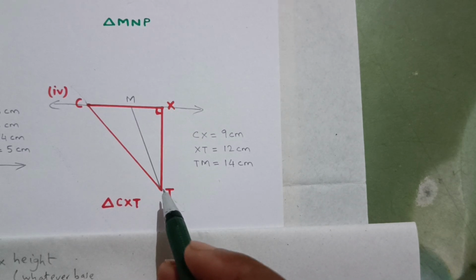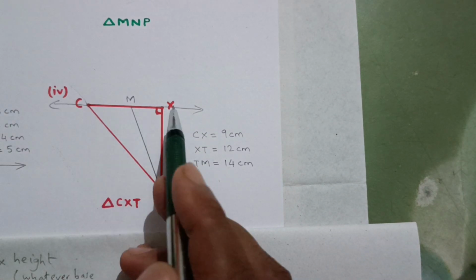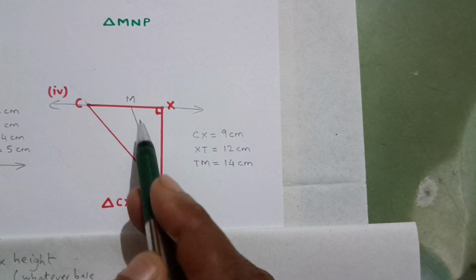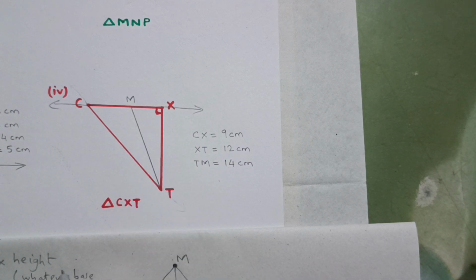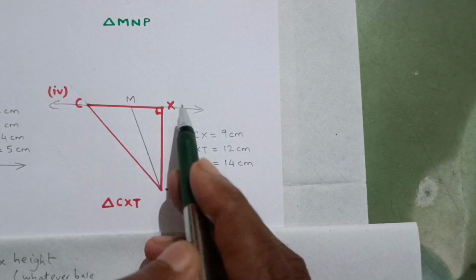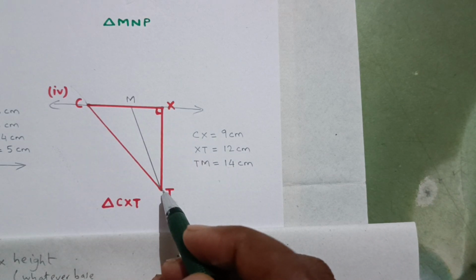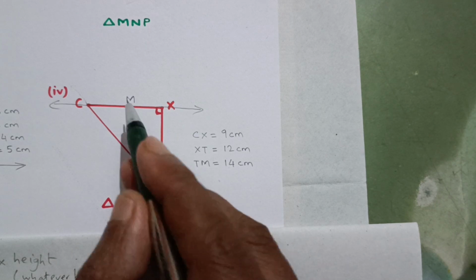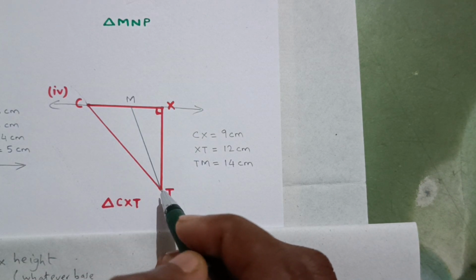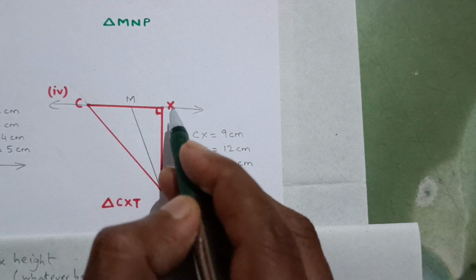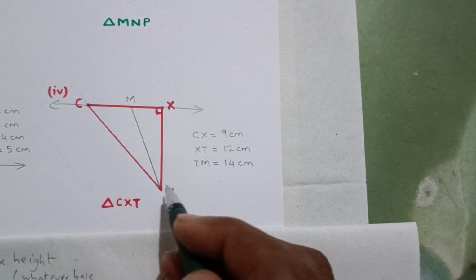Now here Tx is the corresponding height for Cx. And what about Tm? Tm is simply a line segment, because Tm is not the corresponding height for Cx. Why? For Cx, the opposite vertex is T. So Tm starts from the opposite vertex T, but it doesn't meet Cx at 90 degrees.